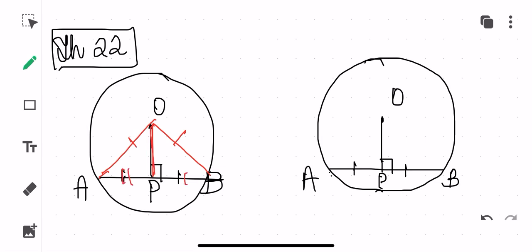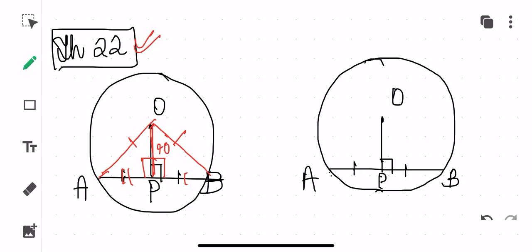Now if these two triangles are congruent, then this angle will be equal to this angle. So you will write that the sum of both of them is equal to 180 degrees, so ultimately each of them will turn out to be 90 degrees. In that way you can prove that this particular line is perpendicular to chord AB. So this is my theorem number 22.